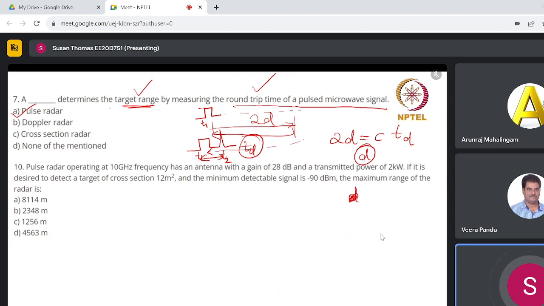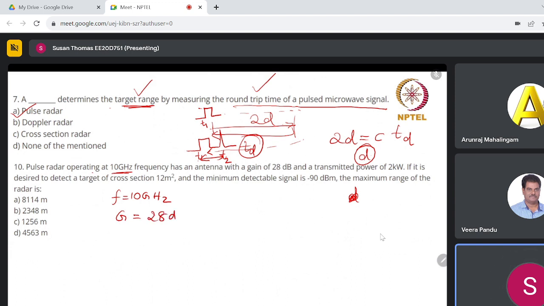Okay, now I have a question. This is a small numerical. I request you to solve this question. The question is like this: the pulse radar operating at a frequency of 10 gigahertz has an antenna with a gain of 28 dB.